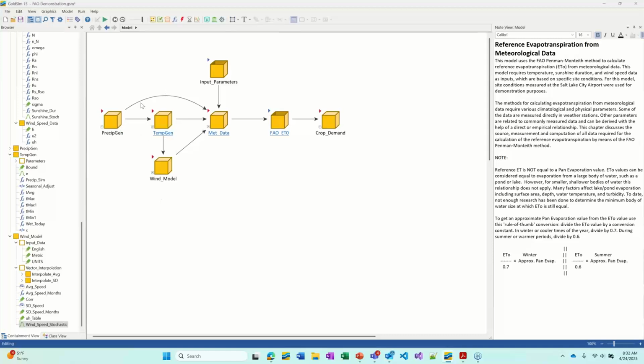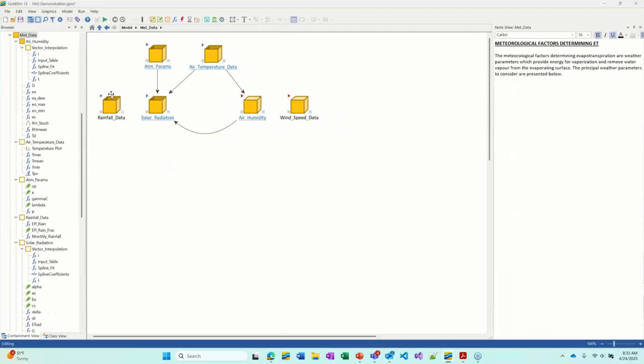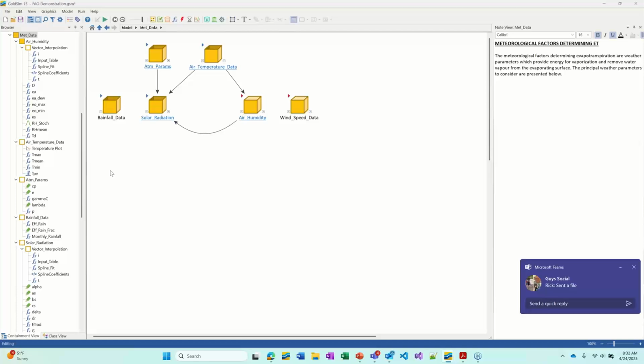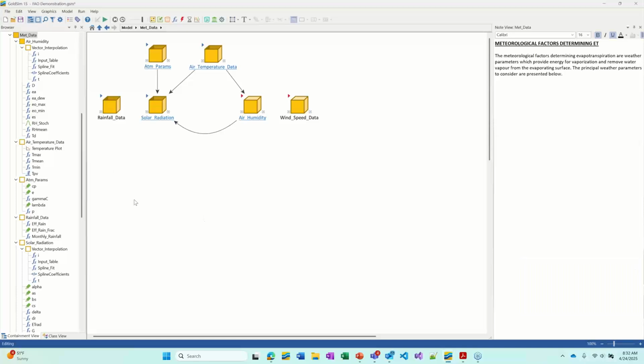Now you can see that there is an impact of precip going over here to the met data. And that's really only because we have a rainfall component. It's not used for reference evapotranspiration, which you might be wondering, well, why not? Why wouldn't precip play a role? Well, it's because precip comes later.